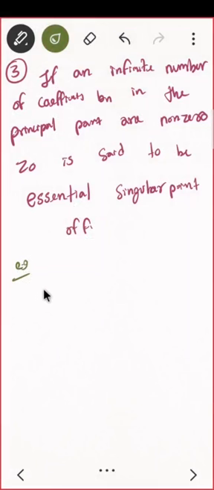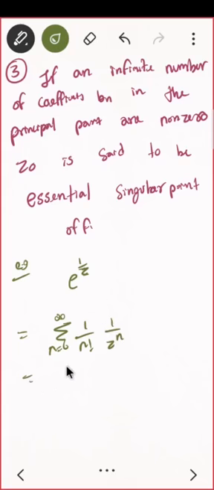e raised to 1 by z. Do you see that z = 0 is a singular point? Yes, and you know how to expand this. This will be the summation n = 0 to infinity of 1 upon n factorial into 1 upon z raised to n.